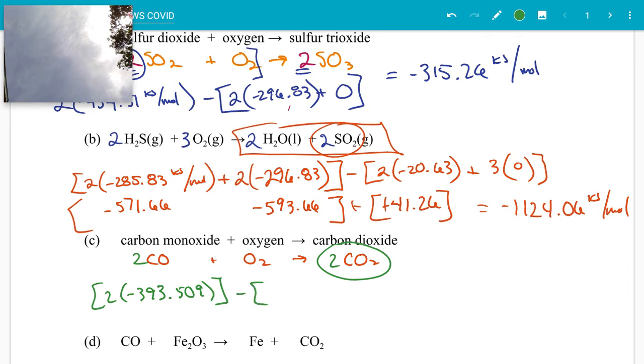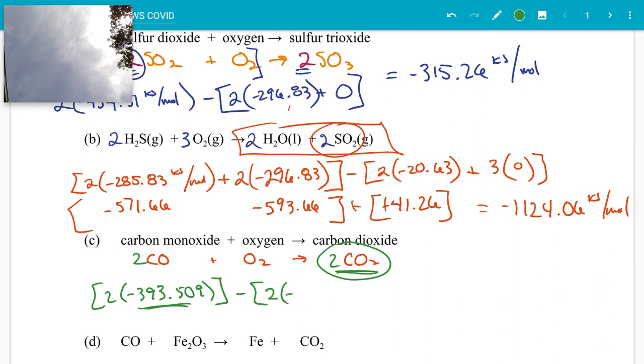So now I'm going to subtract my reactants. I said the words wrong, everybody. I'm sorry. The product was carbon dioxide. So this was for carbon dioxide. And now I'm subtracting from it the carbon monoxide. I'm sorry to have said the wrong words there.